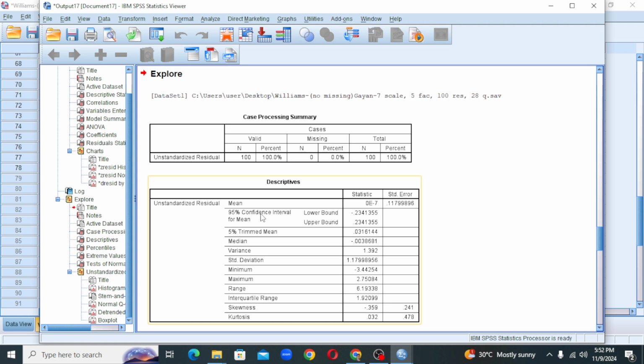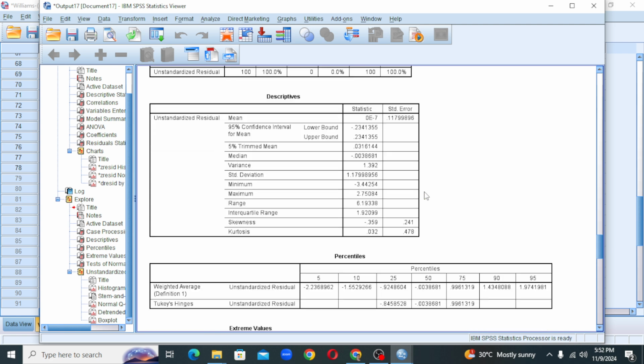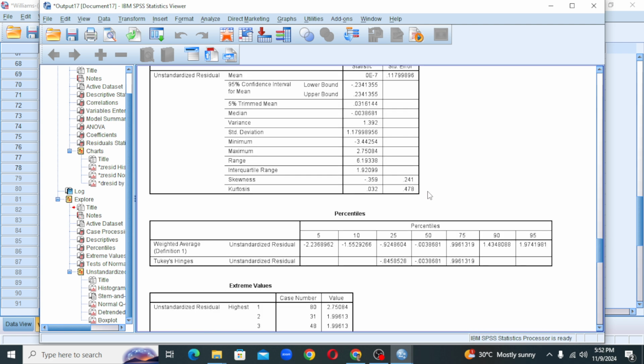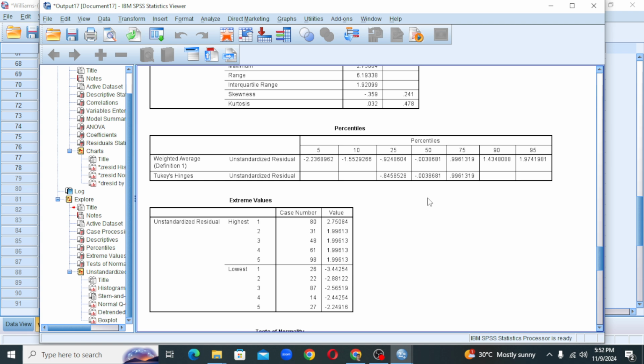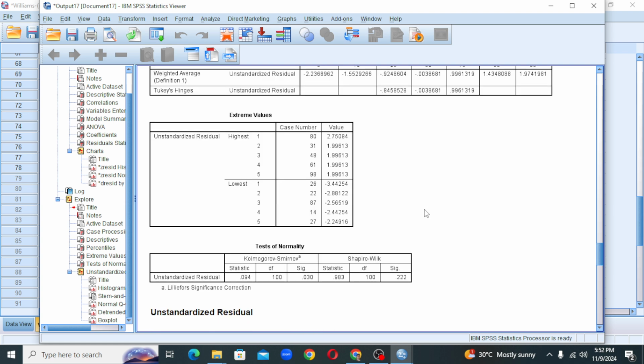And now you will be noticing the KS and SW test results. Both are non-significant at the 10% level. What this means is residuals are normally distributed at 10%.